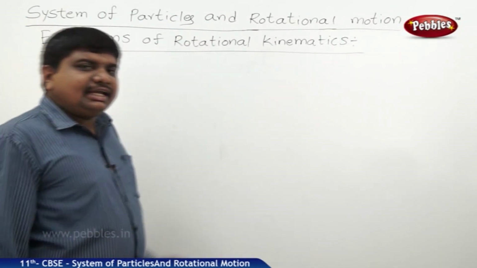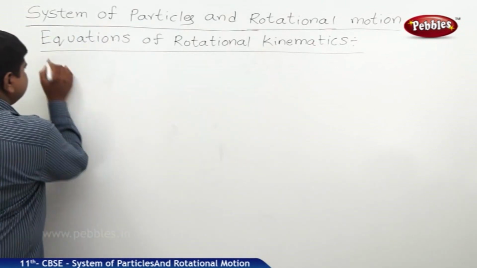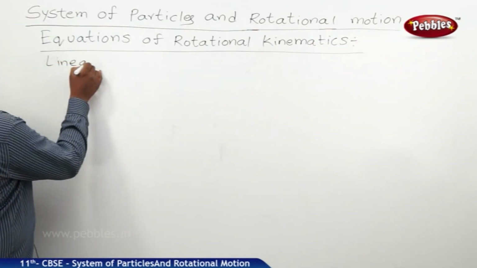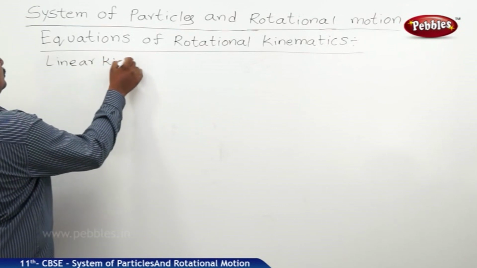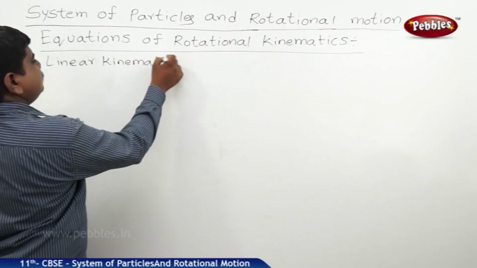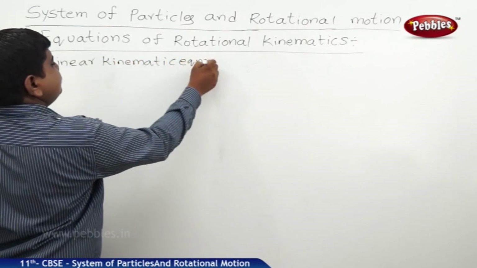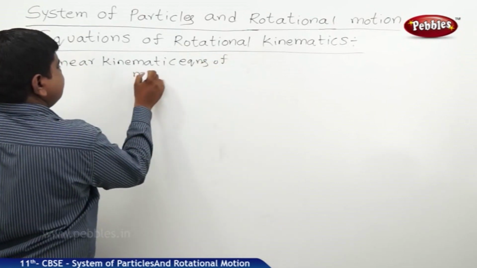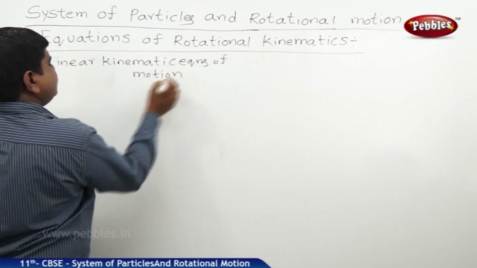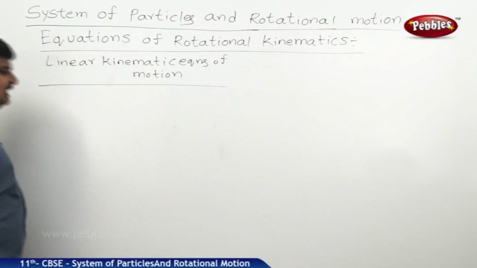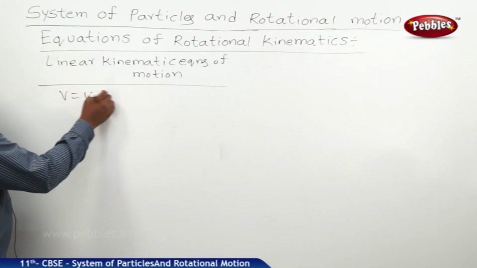If you see the linear kinematic equations of motion, the first equation is V is equal to U plus AT.